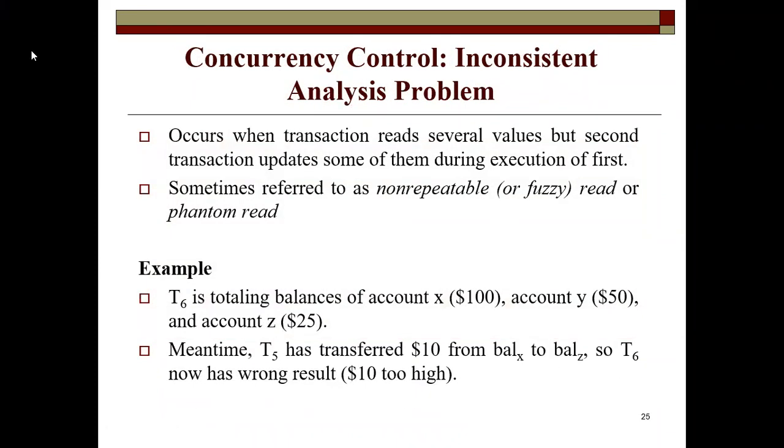The last problem that we are going to look at has several names, commonly known as the inconsistent analysis problem, but others refer to it as a non-repeatable or fuzzy read or a phantom read problem. It occurs where one of the transactions is making several read operations of different values, while the other one is making updates.